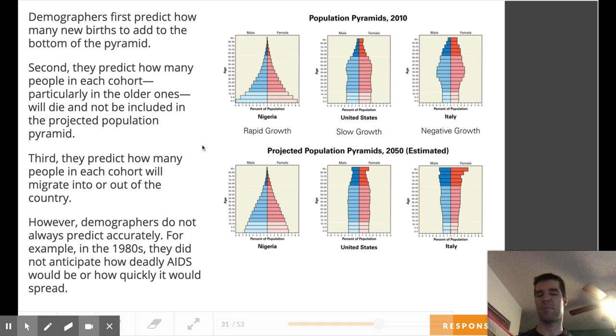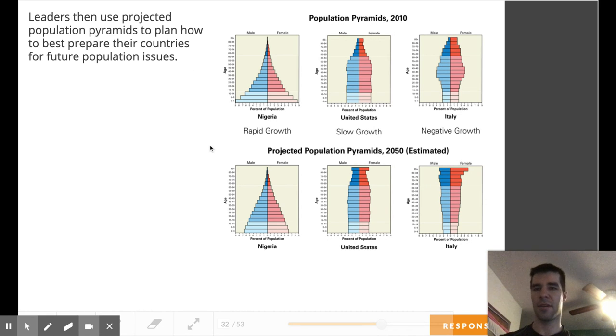It varies between projecting the life expectancy, how many people are going to immigrate or come into the country, and how many people are going to emigrate or leave the country. All those are different variables that go into these projections. And then leaders use projected population pyramids to plan how to best prepare their countries for future population issues.